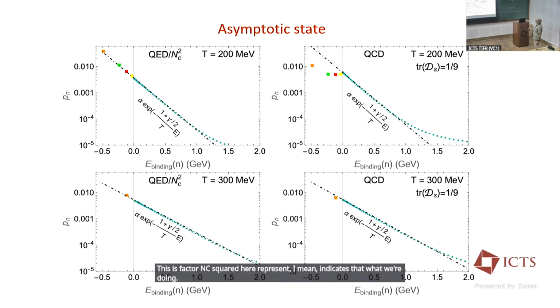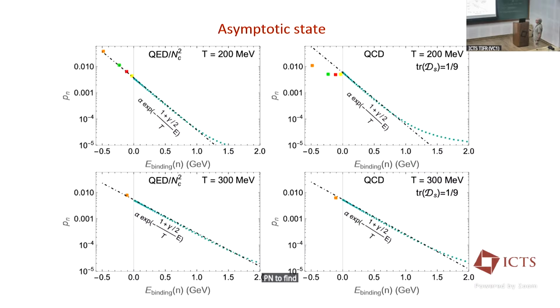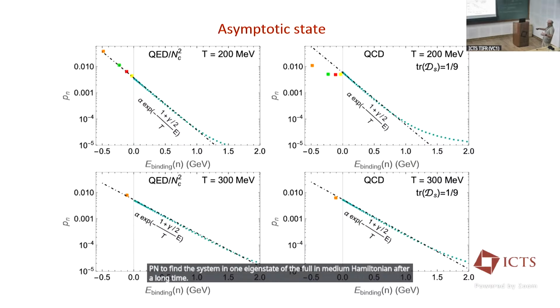The temperature is 200 MeV or 300 MeV, and what's plotted here is the probability P_n to find the system in one eigenstate of the full in-medium Hamiltonian after a long time. So this is the asymptotic solution of this equation, d by dt of d equals some operator acting on d.